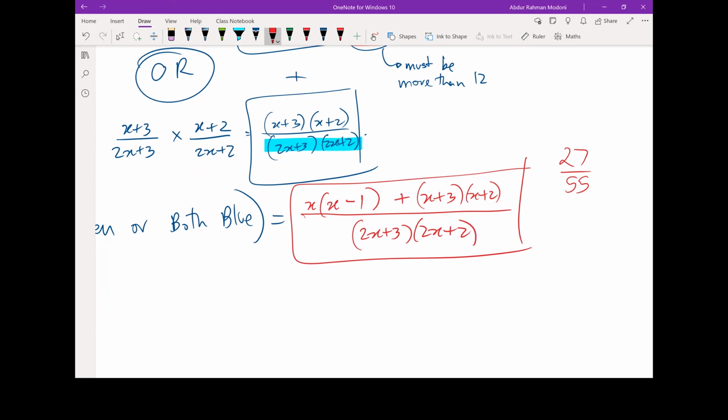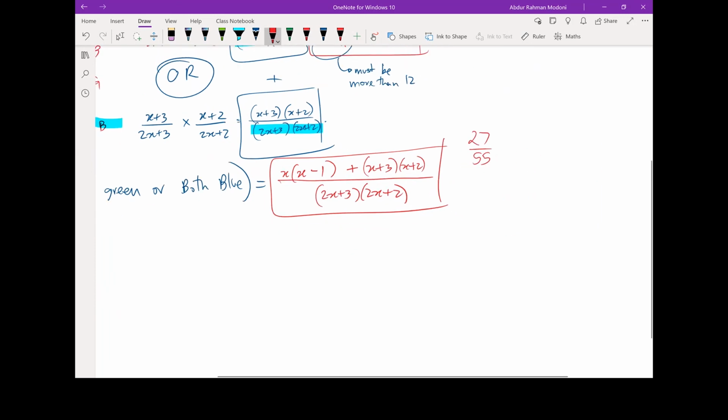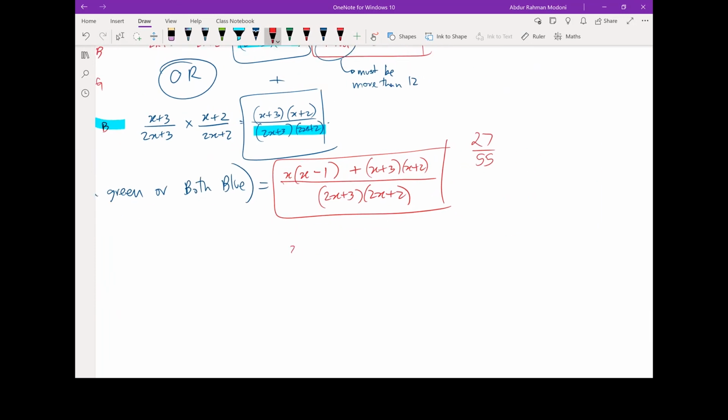So that's another skill, forming equations, where when you have two things which are the same but written in different ways, you can put an equal in between them. So we write down x bracket all of that, and we can say all of that is actually equal to 27 over 55.